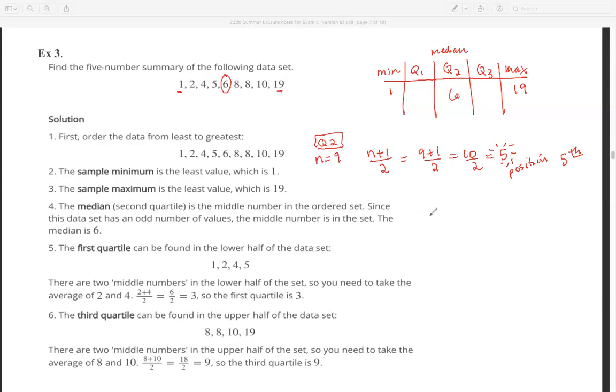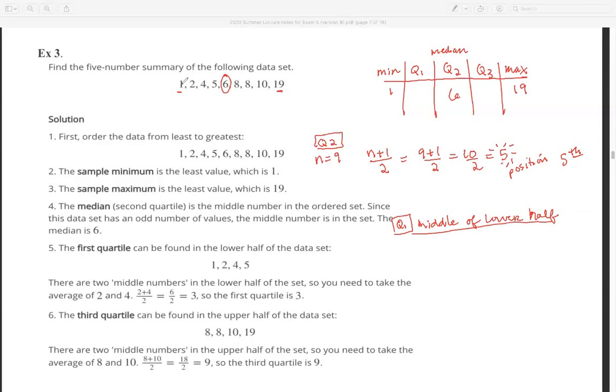Now we need to find the middle of the lower half. So that would be our first quartile. So the middle of the lower half, that is our Q1. So let's go ahead and find that.